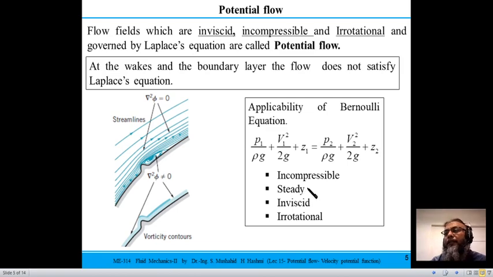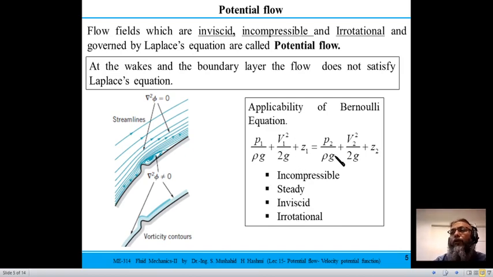So it is a steady state problem, and obviously we are not dealing with cases where the flow is dominantly in the streamline direction. So we are not talking about vortices, we are not talking about flows which are very close to the wall. So such flows are irrotational. These are actually the limitations of Bernoulli's equation.